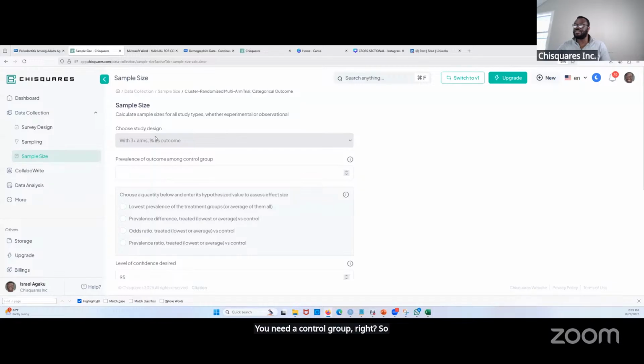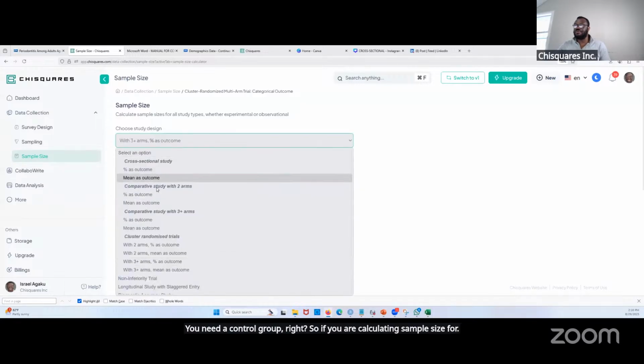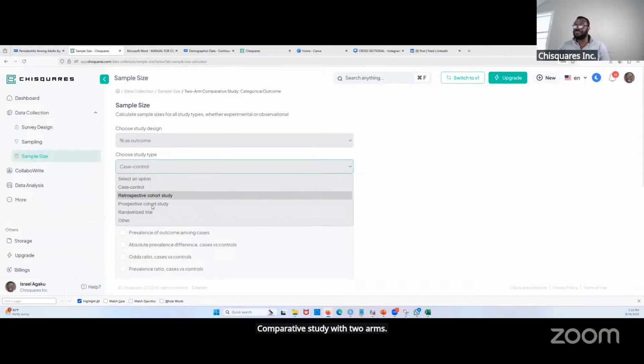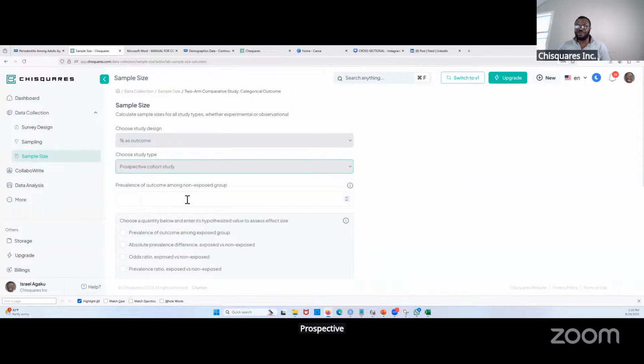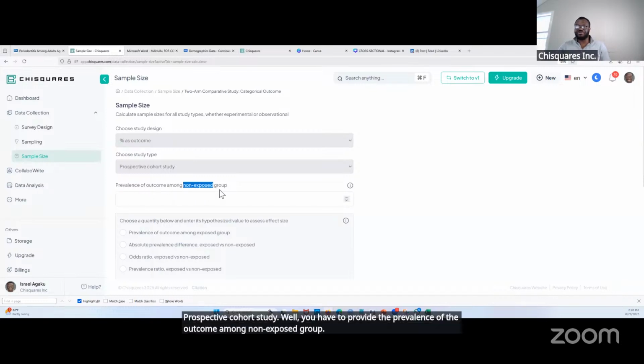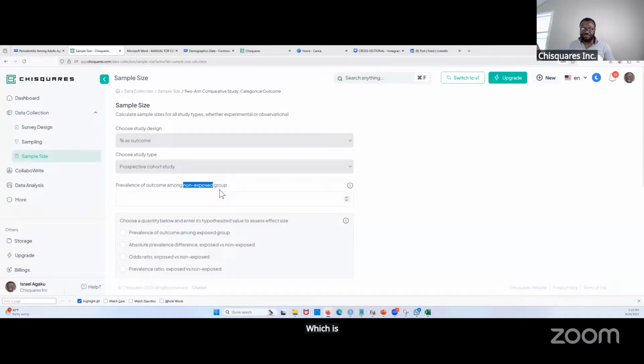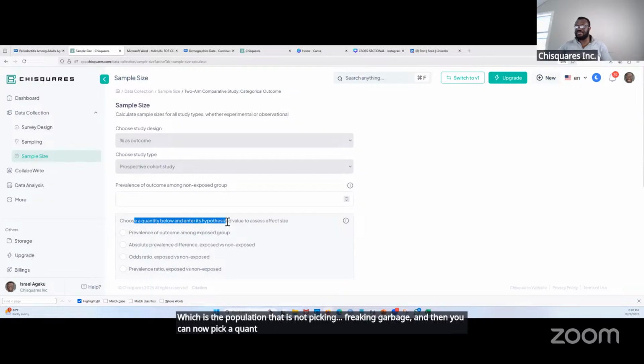So if you are calculating sample size for a comparative study with two arms, with percentage as outcome, you select a prospective cohort study. Well, you have to provide the prevalence of the outcome among a non-exposed group, which is the population that is not picking garbage. And then you can pick a quantity below.